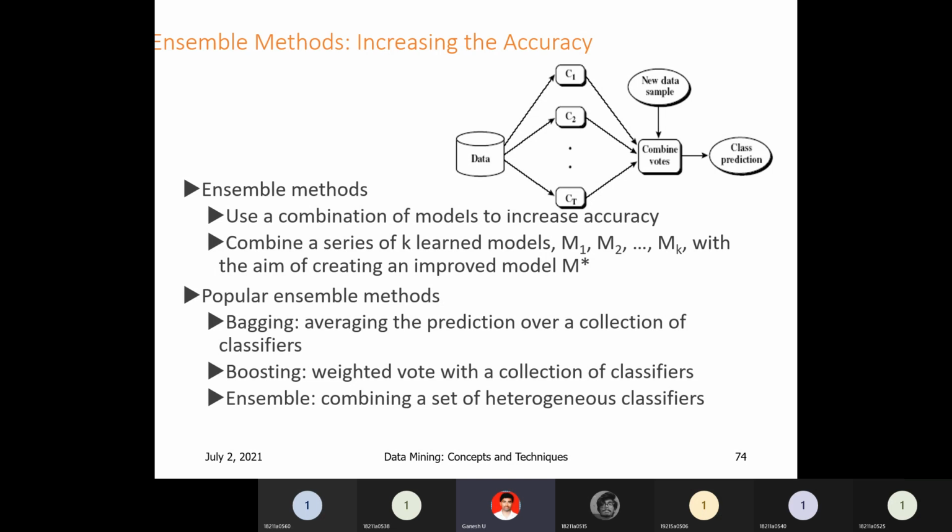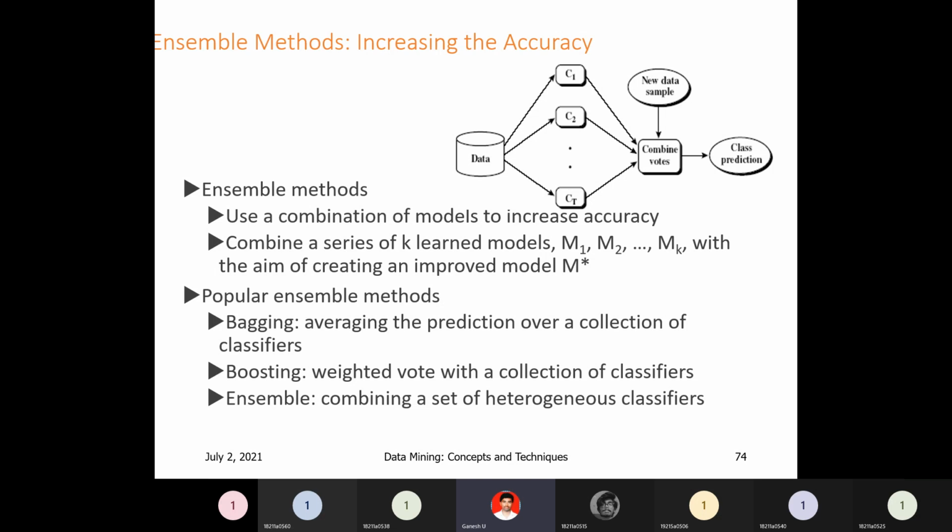I can say you are taking the average, or the highest, which is good among all these classifiers, which is better among all these classifiers. You take that classifier, or you can take the average of the classifiers. These are the different techniques. These are the different ensemble methods we can follow.